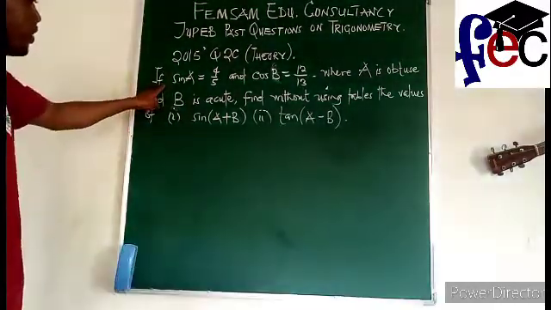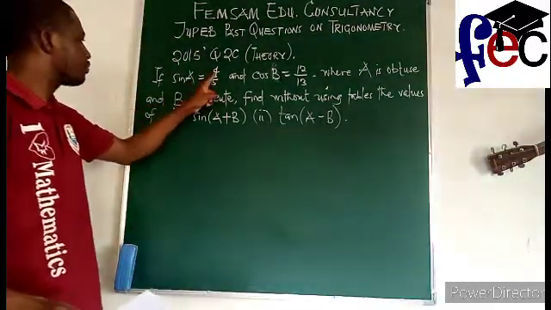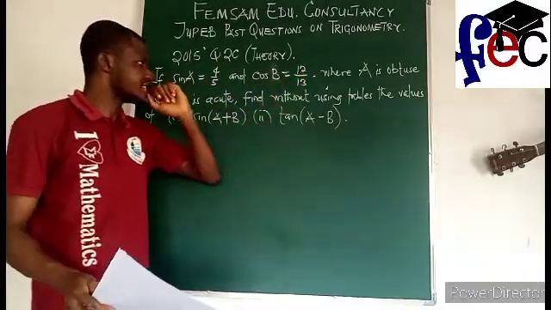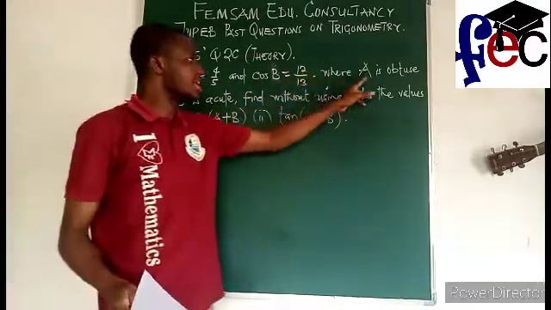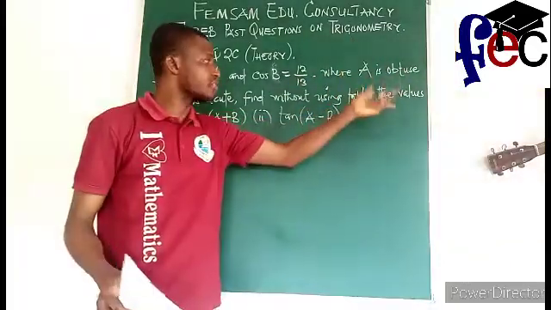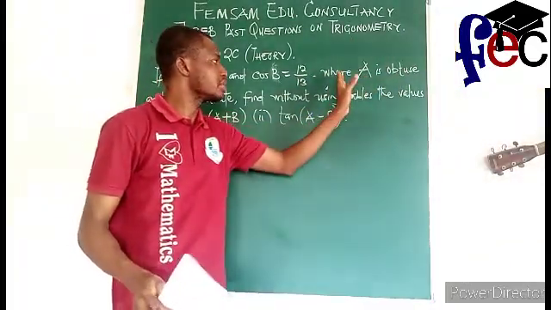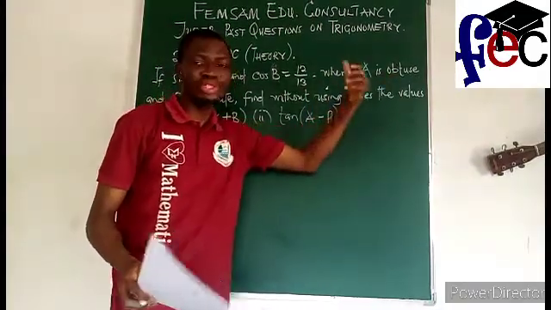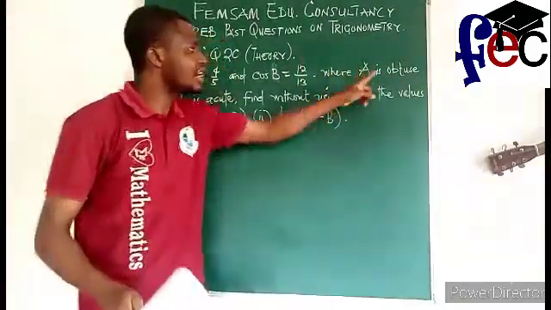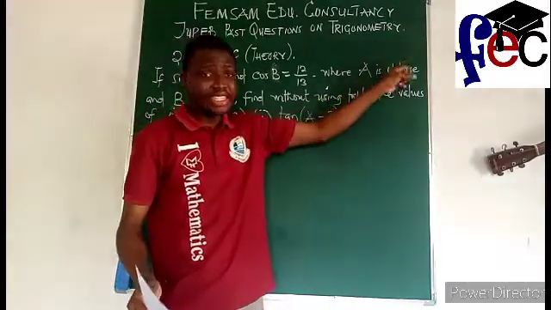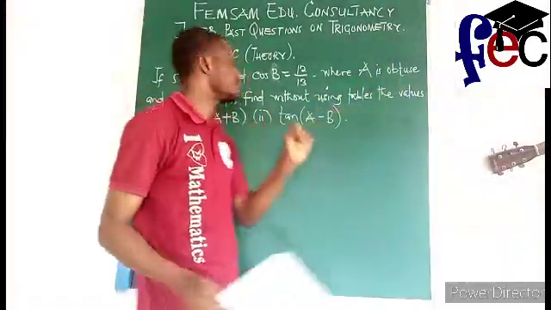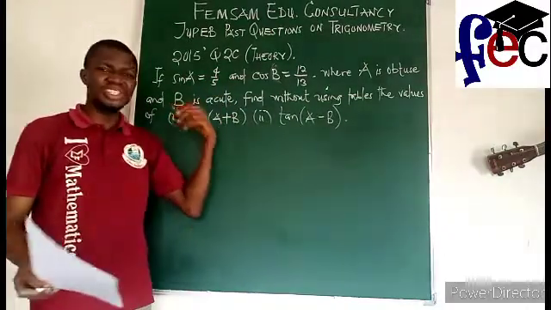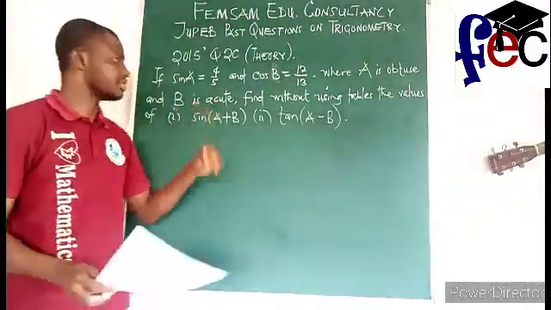The question says if sine A equals 4 over 5 and cos B equals 12 over 13, where A is obtuse, that's referring to the angle. When the statement says that A is obtuse, that shows that angle A is greater than 90 degrees but less than 180 degrees. And B is acute. That shows that angle B is strictly less than 90 degrees.